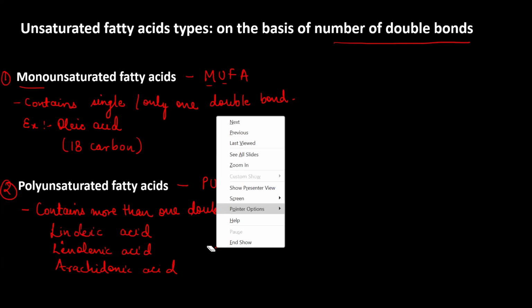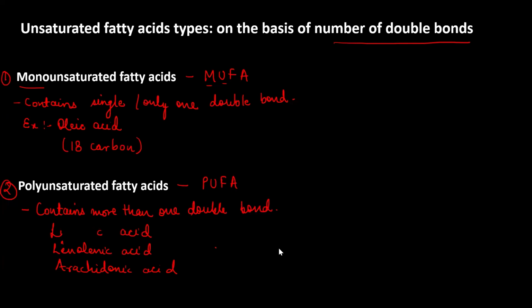Okay, the first one is linoleic acid, then linolenic acid, and arachidonic acid. Okay, so how many double bonds does linoleic acid have? It has 2 double bonds. Linolenic has 3 double bonds and arachidonic has 4 double bonds.